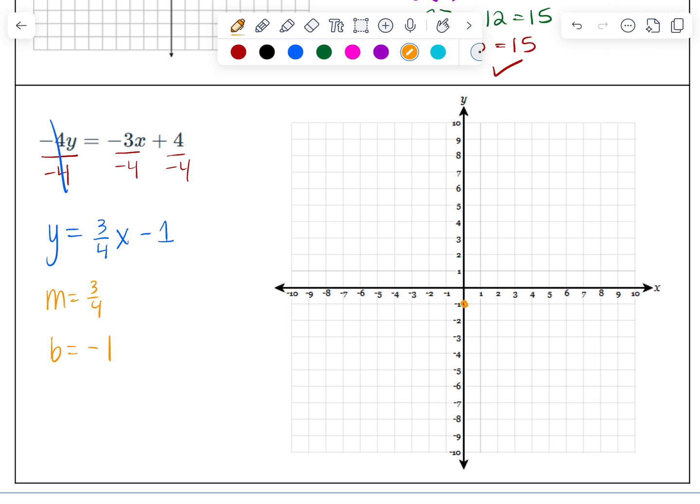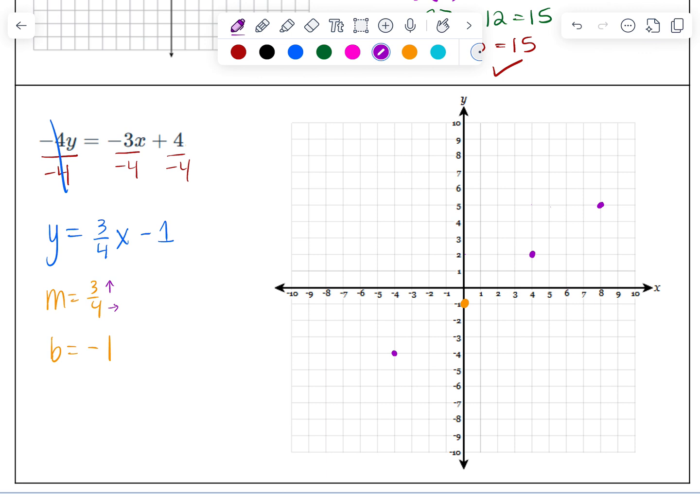Okay, so I begin at -1 with my b value. And I'm going to follow this pattern since they're both positive. I'm going to go up 3 to the right 4 and place a dot. I'm going to continue that pattern, up 3 to the right 4 and place a dot. I can't continue in that direction, so I'm going to now go down 3 and to the left 4.